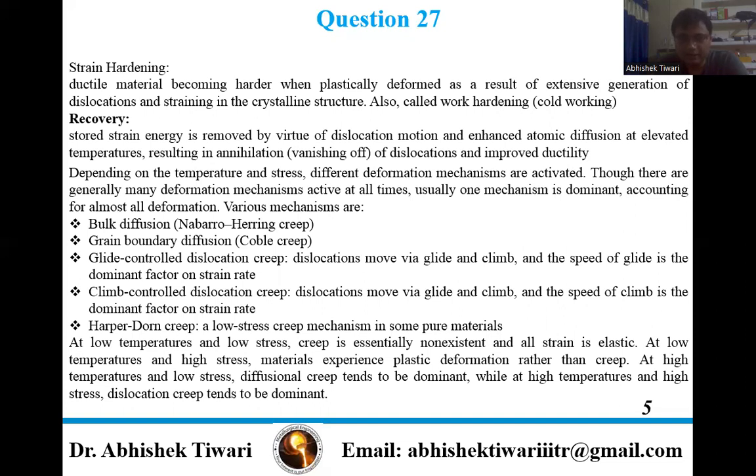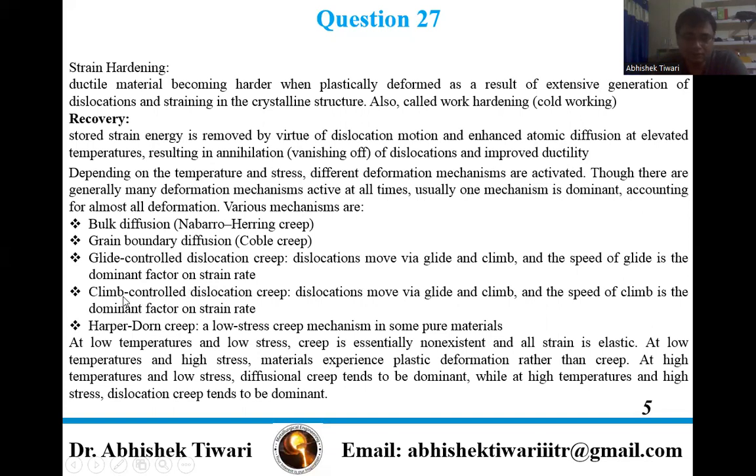So the various mechanisms are: first is bulk diffusion, also called Nabarro-Herring creep. Second is grain boundary diffusion, that is Coble creep. Third is glide controlled dislocation creep. In this, dislocations move via glide and climb, and the speed of glide is the dominant factor on strain rate.